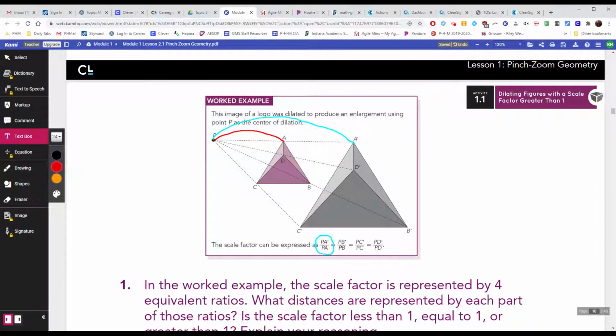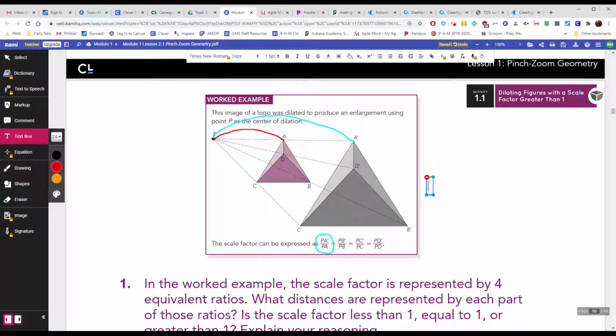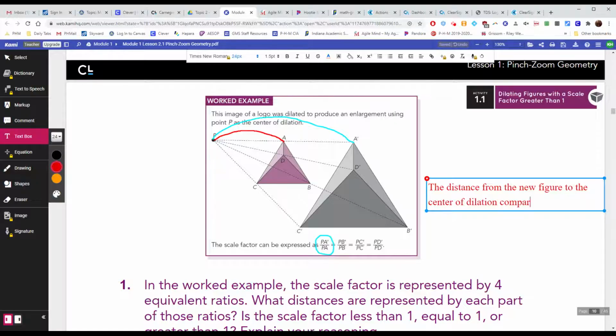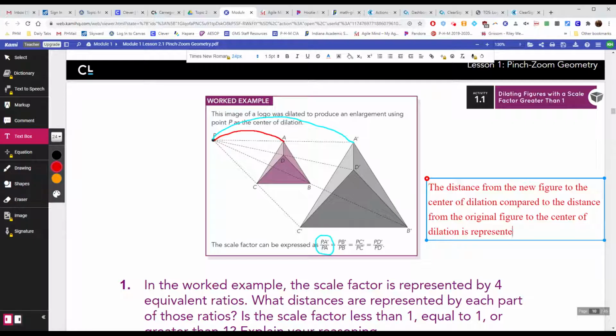I'm going to type the answer to question number 1 right over here. So what distances are represented by each part of these ratios? Well, the distance from the new figure to the center of dilation compared to the distance from the original figure to the center of dilation is represented using these ratios.